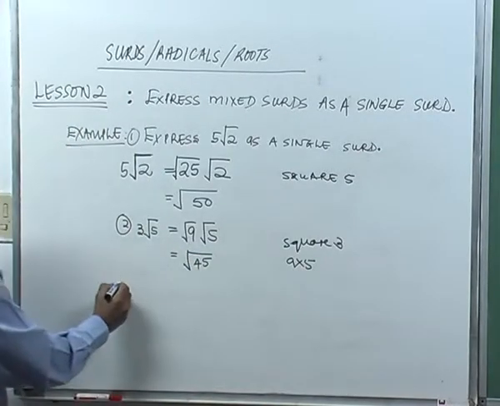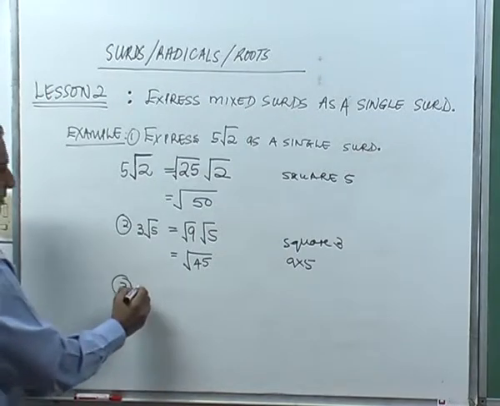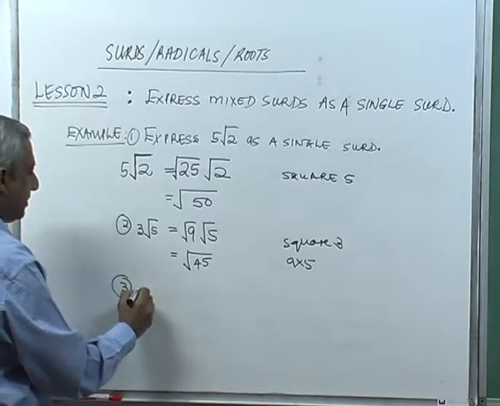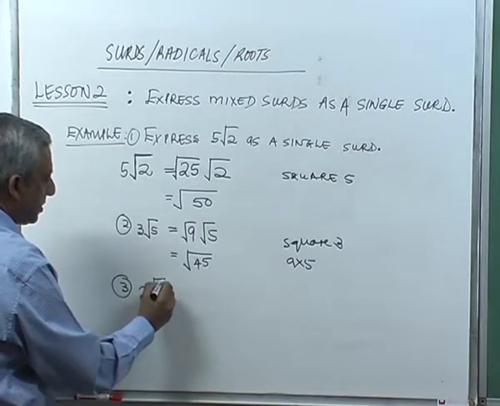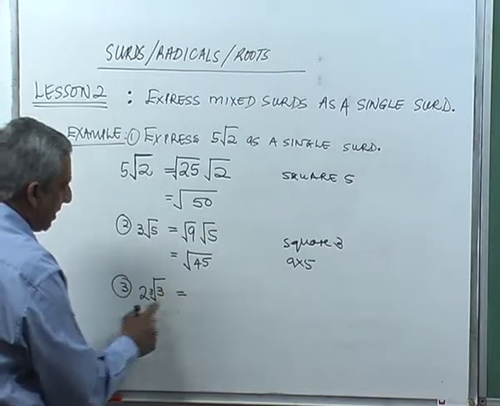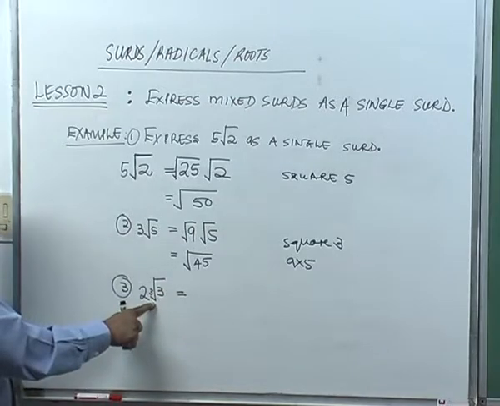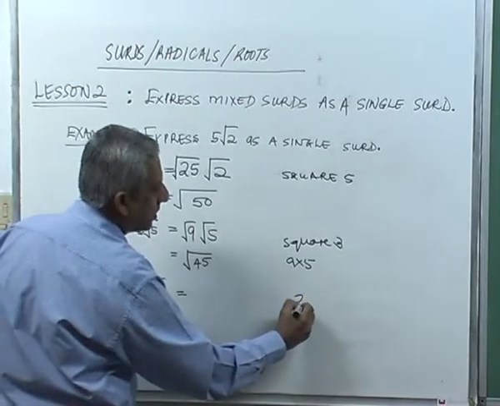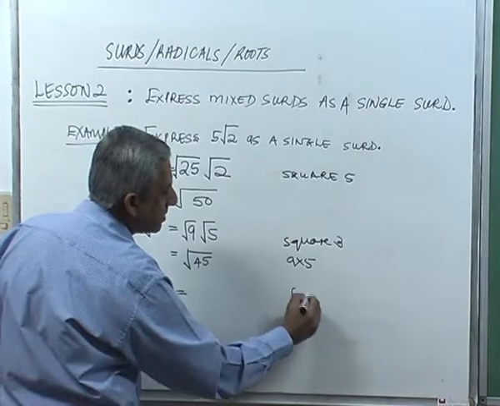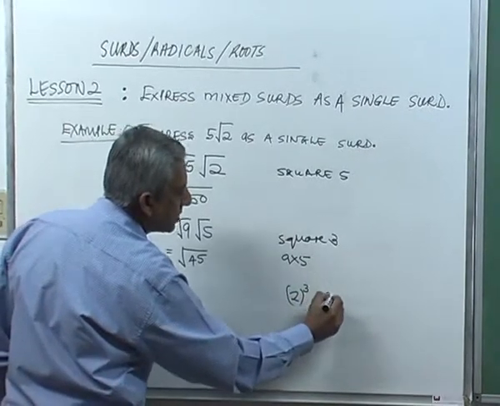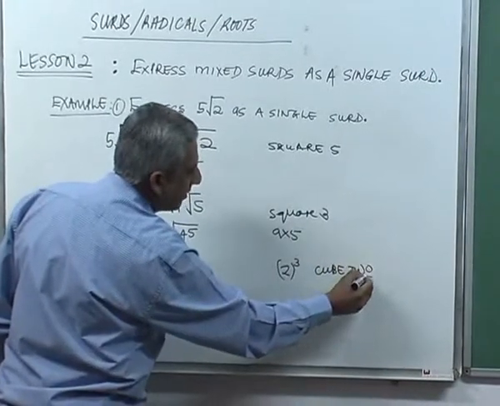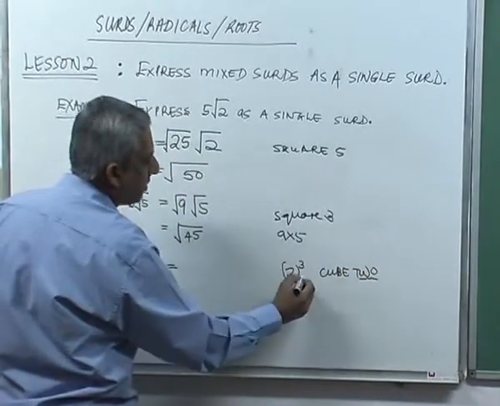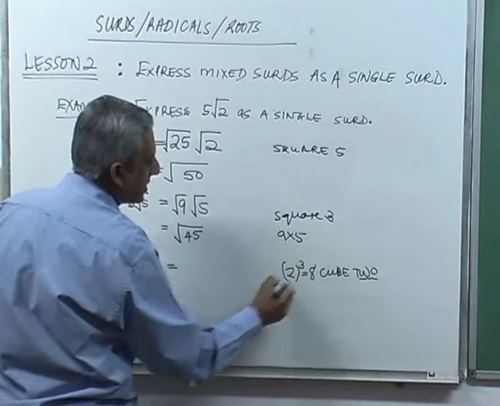Let's do another example. And watch this example. You've got 2 cube root of 3. Now this time it's cube root. So you must take 2 and you must cube it. Take the number 2 and cube it. 2 cubed is 8.